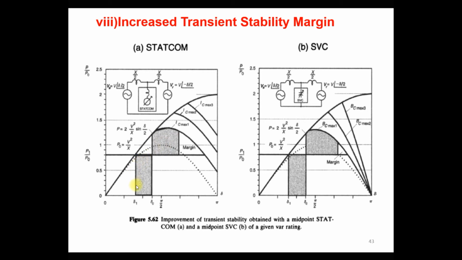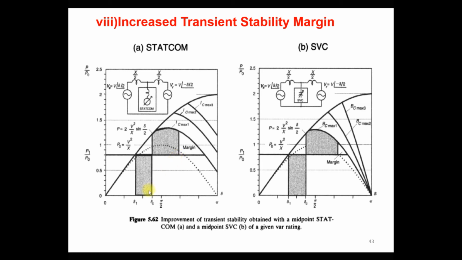Whatever energy was stored by the machine during this fault condition is released after delta C, after the clearing time, and once this energy is completely released, the power system comes back to its original steady state position. You can see that after the release of the energy, the power again reaches this P1 point.